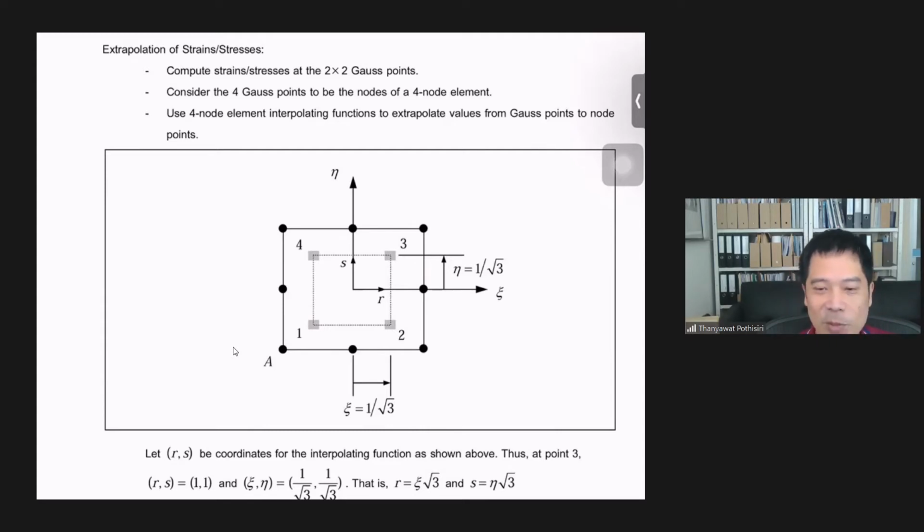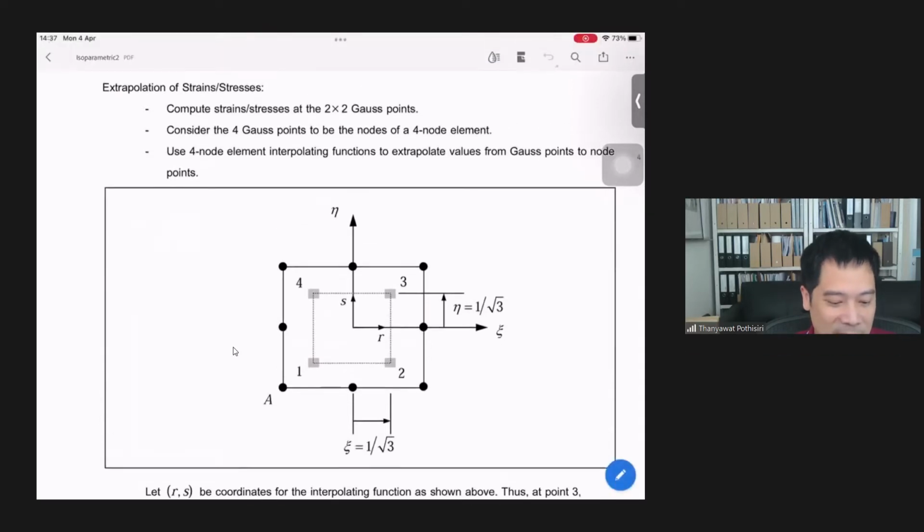Before, we had the interpolation function to interpolate everything inside our element based on the nodal quantities. Now you have the quantities at the sampling points, but you want to extrapolate those quantities to the nodes. So we're going to be using the same function to do this extrapolation.